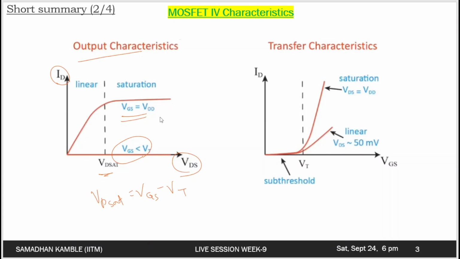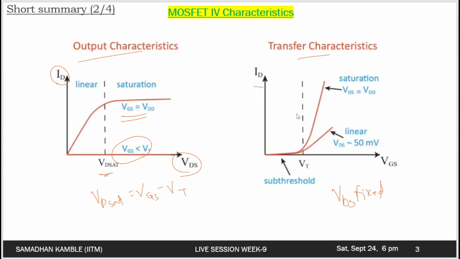There is also one more type of characteristics on the right. You can see here it is nothing but the transfer characteristics, in which we keep the drain voltage fixed, that is VDS is fixed, and then we sweep the gate voltage VGS and see how our drain current varies.